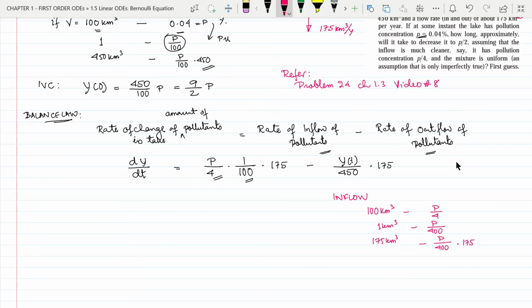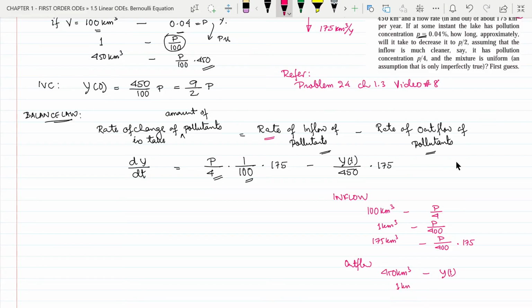And this much is for 1 year only. That is why it is written rate of inflow. Similarly, for outflow, for 450 km cube, the amount of pollutants is Y of t.